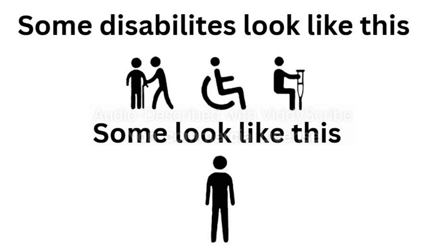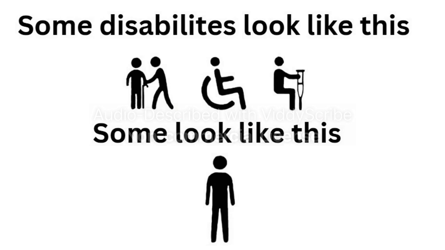A red box highlights the icon of a person with a cane, then the wheelchair icon, then the person with crutches.